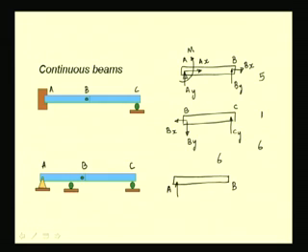At A we have 2 unknown reactions, Ay and Ax, and at the roller, let us say this point is D, we have a vertical component of reaction, and at B we have 2 joint forces, say By and Bx.